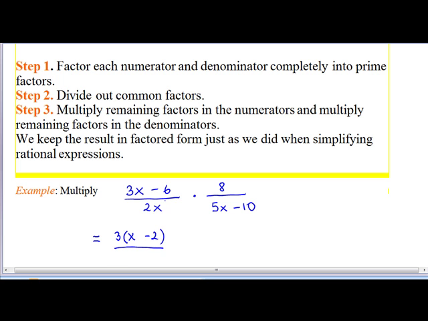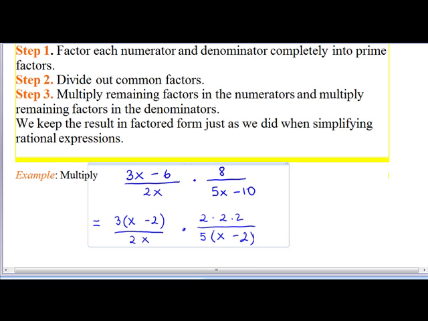And then we have to factor each denominator. So the 2x here, I'm going to have 2, and there's nothing I can do with the x, I leave it like that. 8 can be written as 2 times 2 times 2, so that's all the factors of the 8. And 5, x minus 2. This numerator here, I factor out the 5.